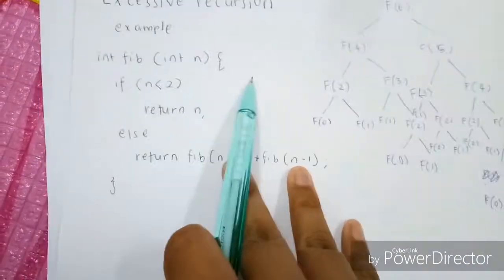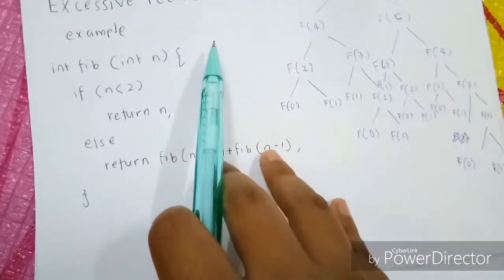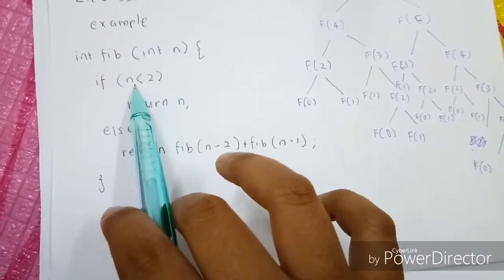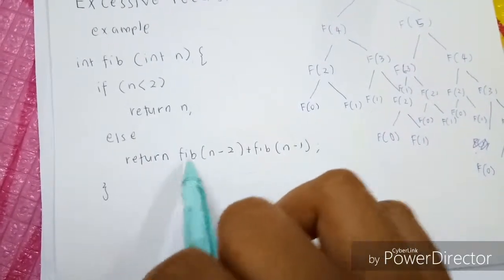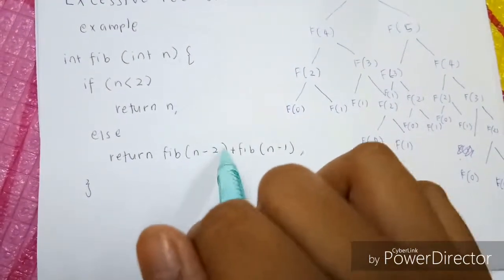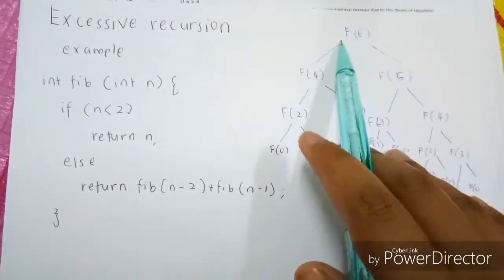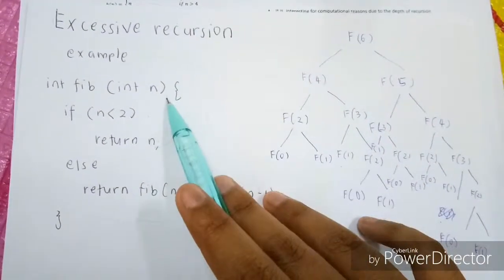The pseudocode defines the first condition as n less than 2, and it will return n, else return fib(n minus 2) plus fib(n minus 1). For example, we enter the n value of 6.